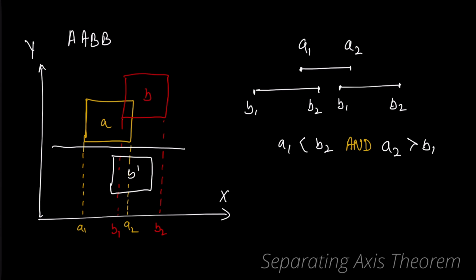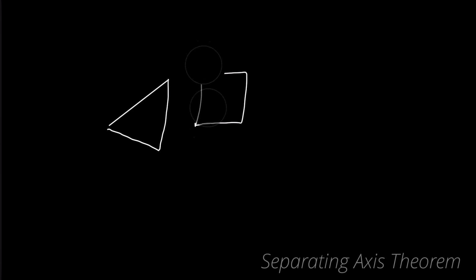So let me just clean this up. Okay, so now let's say we have two arbitrary convex polygons, and we will take a look at why it's only convex polygons. Let's say we have this one, and then we have some square. I'm just gonna rotate it so it doesn't look like a bounding box.